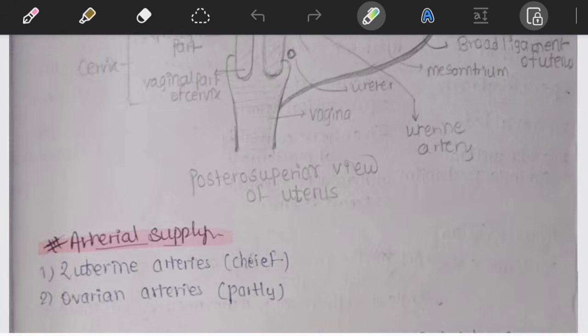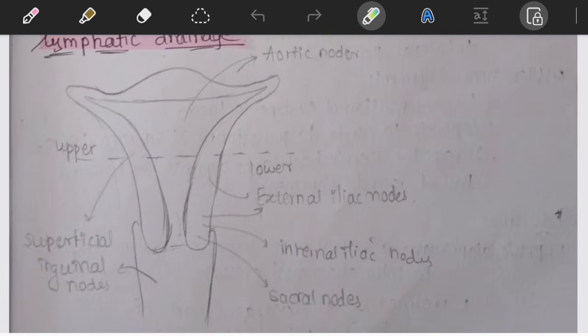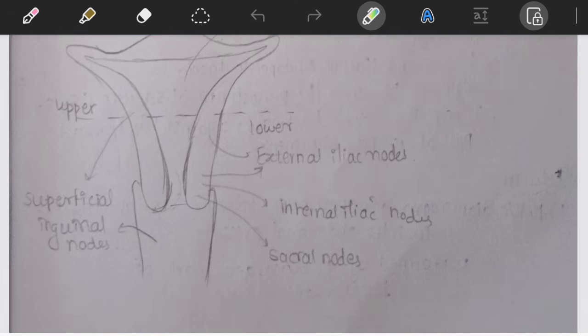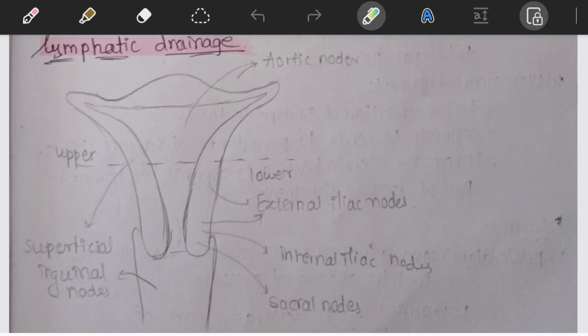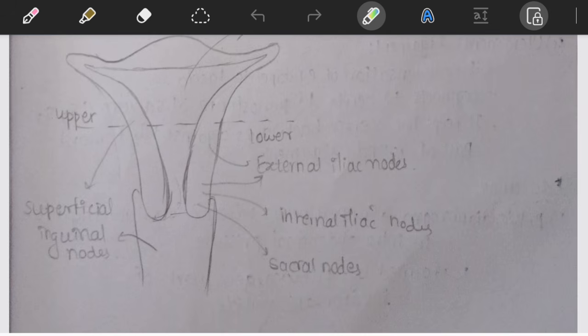Let's see the lymphatic drainage. Here, don't try to memorize one single lymph node for the entire uterus. Different parts drain differently. The fundus, the upper part: lymphatics can follow the ovarian vessels towards the para-aortic and lumbar nodes. Some lymphatics from the fundus can also follow the round ligament toward the superficial inguinal lymph nodes.